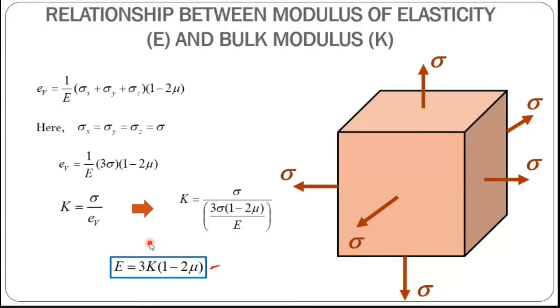This is another formula which is relating bulk modulus and Young's modulus. Previously we discussed a relation between Young's modulus and shear modulus. Now we are discussing a relation between Young's modulus and bulk modulus. This is also another important formula, so you may get problems related to this.